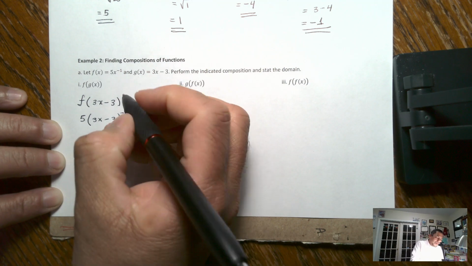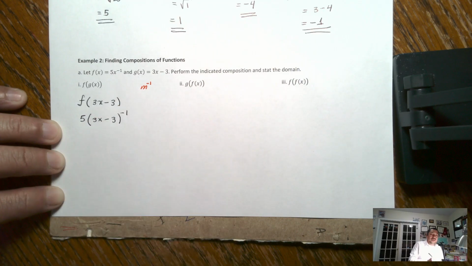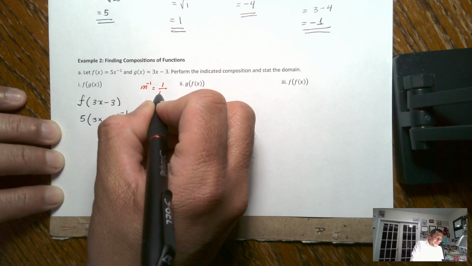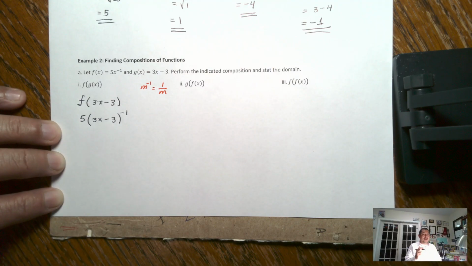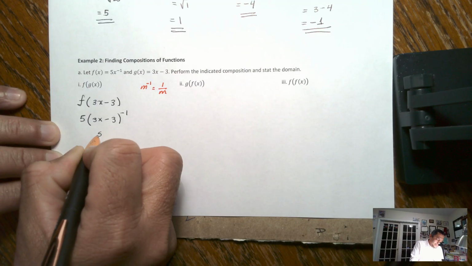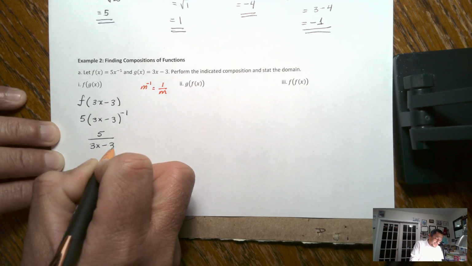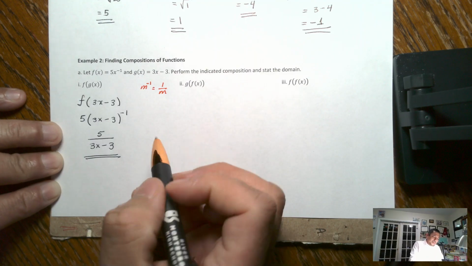But if we use the property of exponents, if I have m to the negative 1, this is equal to 1 over m. Now in this case 5 will not go to the denominator because 5 is not elevated to the negative power. So in this case my solution is 5 over 3x minus 3. Okay, that's going to be my solution.